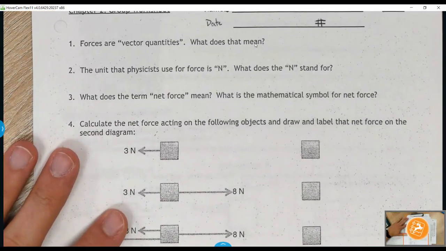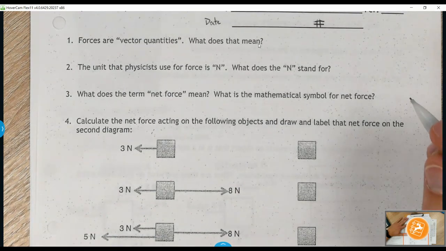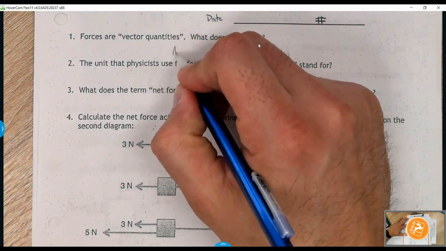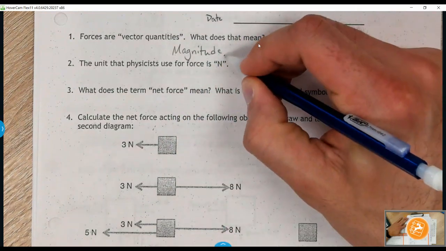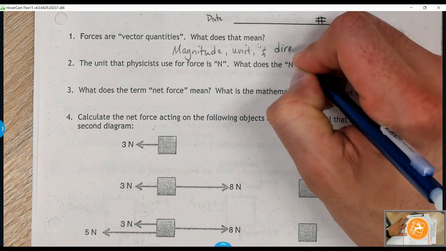So guys, what is a vector quantity? Have your notes out and just start shouting them out with me. So what do we got? What is a vector quantity? What does a vector quantity have? Good. It has magnitude, unit, and a direction.